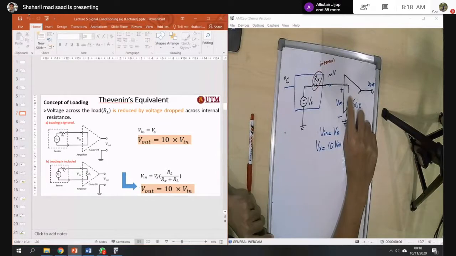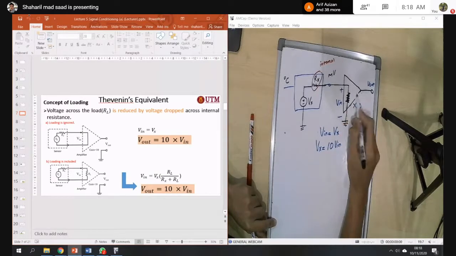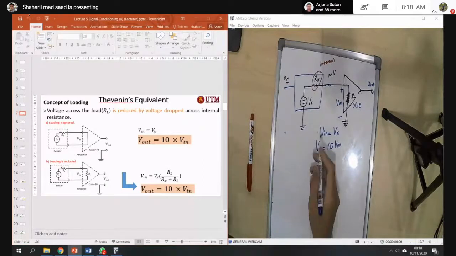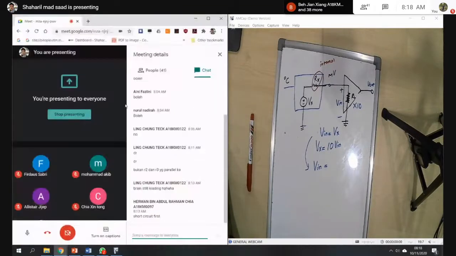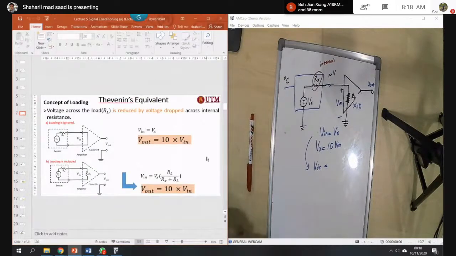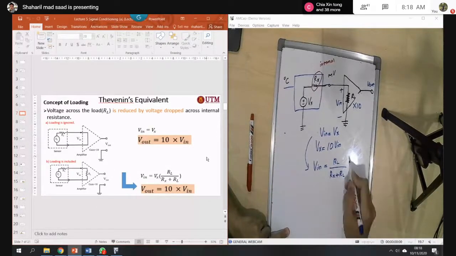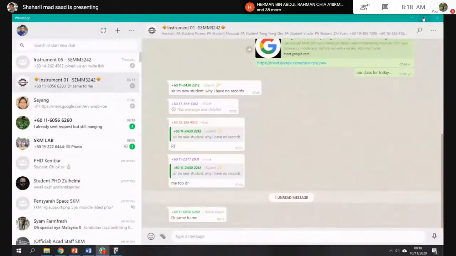Now, when you don't ignore the loading, that means the loading is included. So this one is RL. Okay. So the equation will be different. V in is equal to RL divided by Rx plus RL, times your Vx.